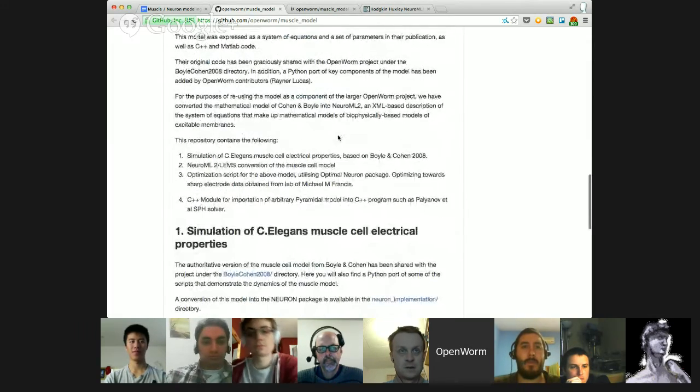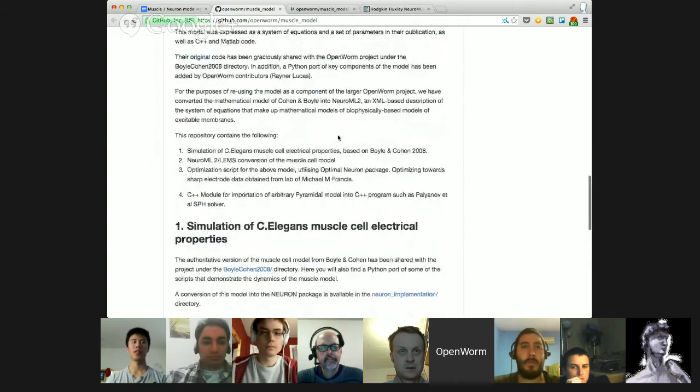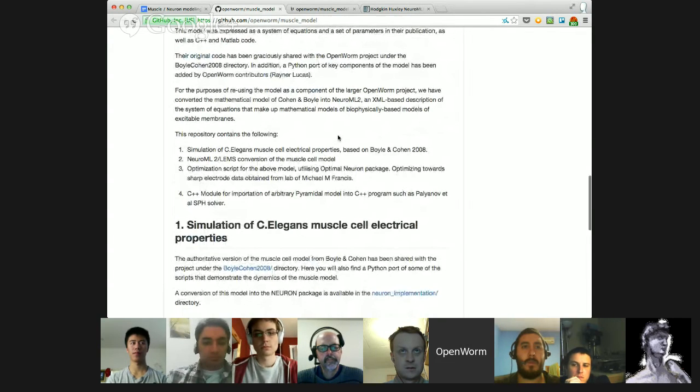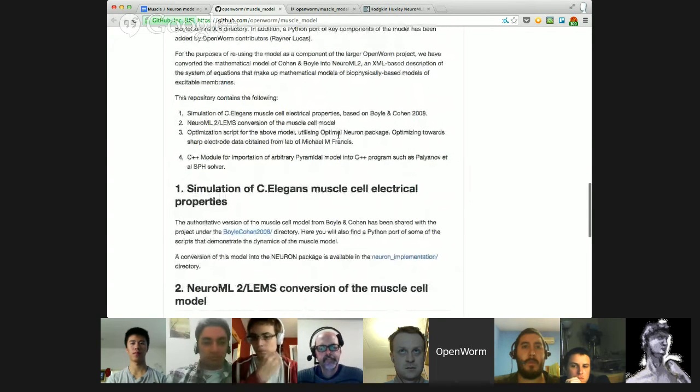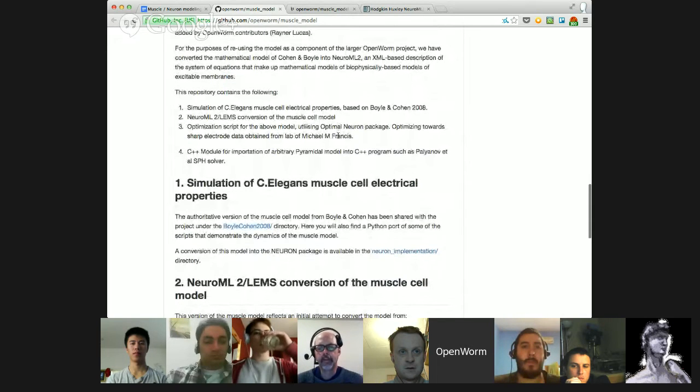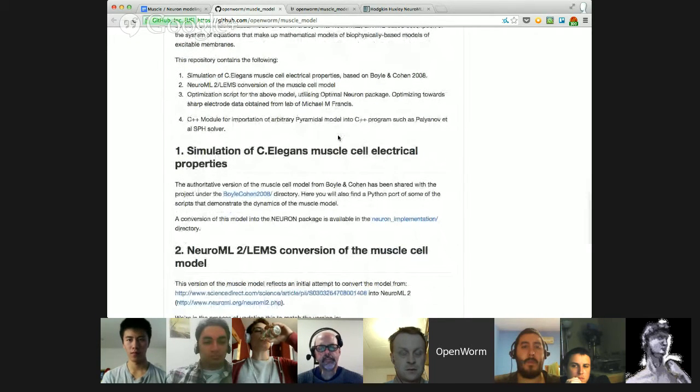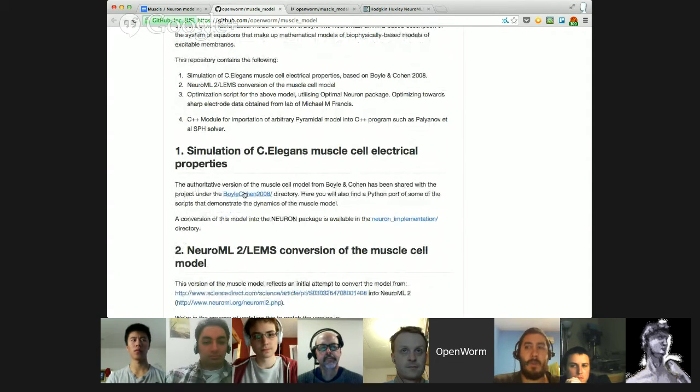And so what we've got in this repo are approximately 4 or 5 different things, depending on how you count. We've got the original simulation from the Boyle and Cohen paper that we were looking at. We actually got Netta Cohen from Leeds to donate their code to the OpenWorm project, and that's under the Boyle and Cohen 2008 directory.